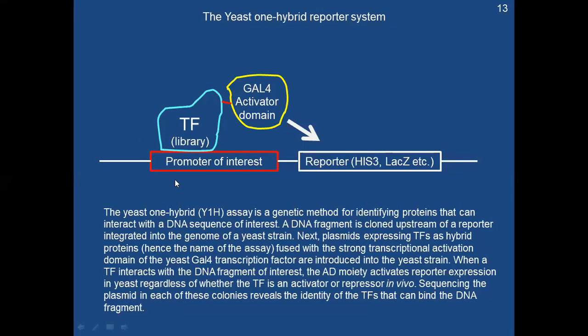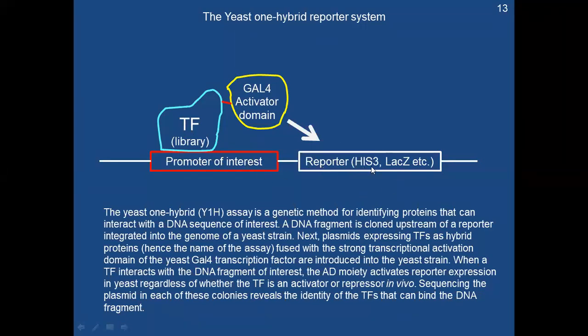The library is then going to be transfected into cells that contain this construct here. The construct is a promoter that we are interested in. We have cloned a given promoter into the cell, and we are going to see if the transcription factor GAL4 fusion construct can activate the reporter that is downstream of this promoter.